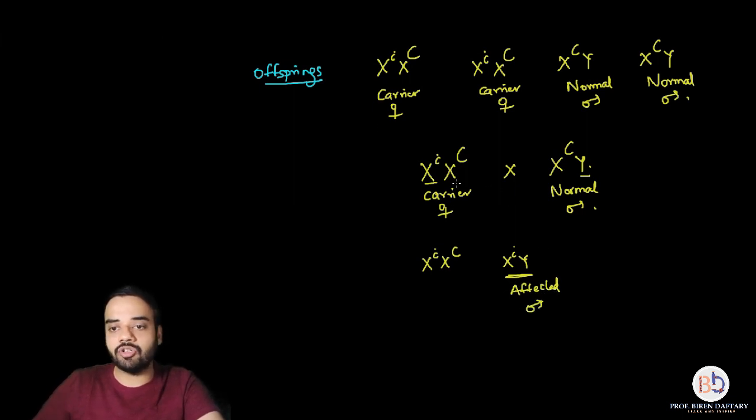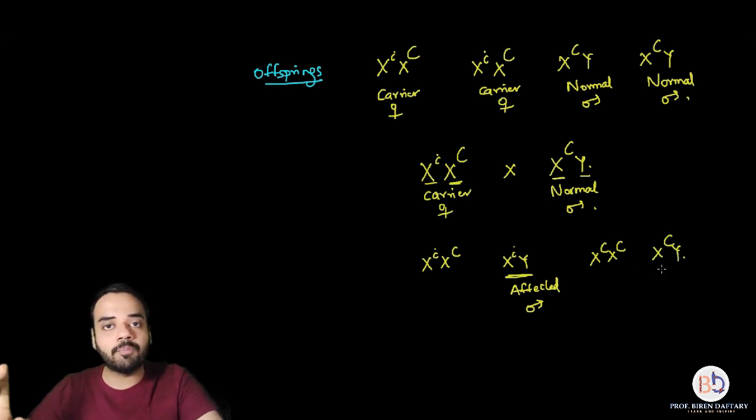The next thing is going to be X capital C, X capital C, which is again a normal female, and the last possibility is going to be X capital C and Y, which is a normal male, right? So if you see, out of both the sons, one of them is affected. So again, the gene is coming from the mother.